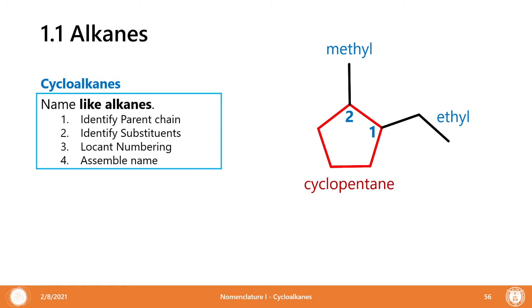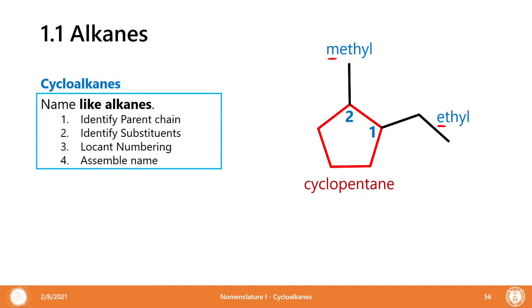So the problem with that is that where do you start? Okay, and so in this case we have to start based on our third tie criteria, where we have to look at the alphabetization of our substituents. Okay, so E comes before M, and so ethyl before methyl.